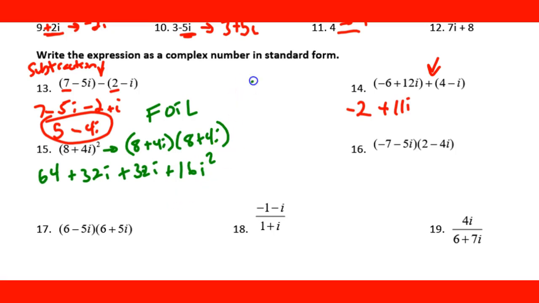Now you have to remember, guys, that we did it up top, i squared is negative 1. So that's really negative 1. So I'm going to substitute that in, negative 1 right there.